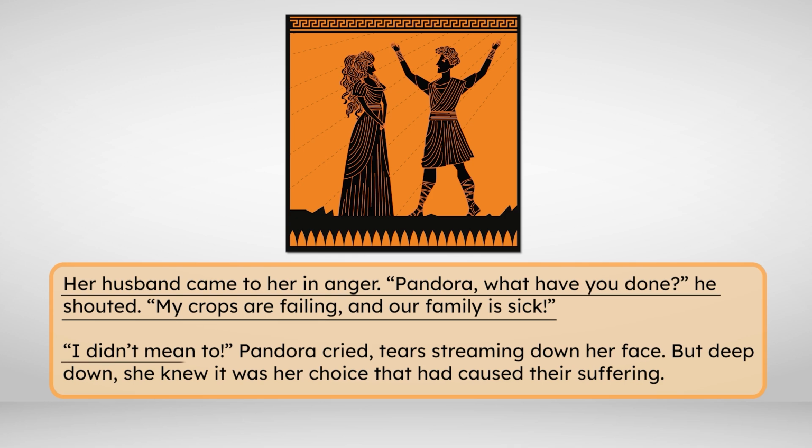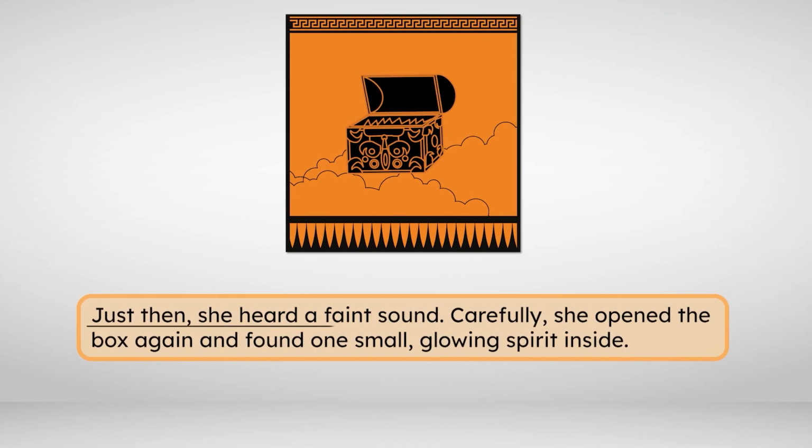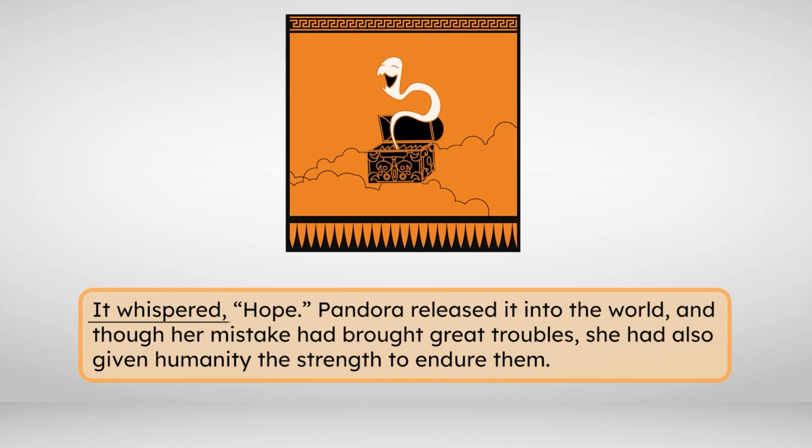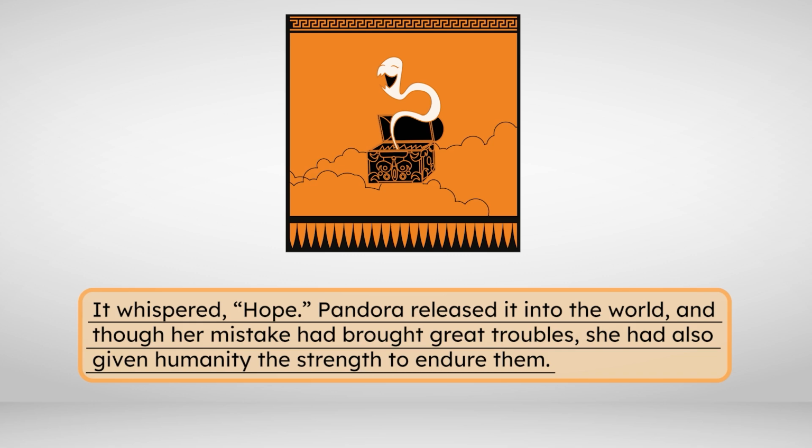"I didn't mean to," Pandora cried, tears streaming down her face. But deep down, she knew it was her choice that had caused their suffering. Just then she heard a faint sound. Carefully she opened the box again and found one small glowing spirit inside. It whispered, "Hope." Pandora released it into the world, and though her mistake had brought great troubles, she had also given humanity the strength to endure them.